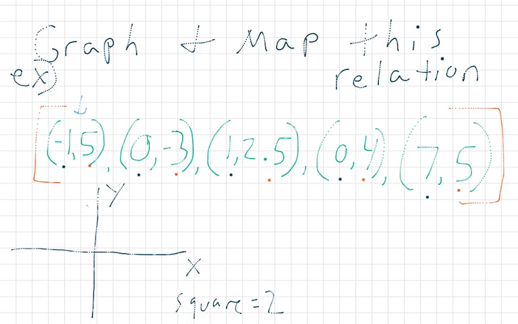Then I'm going to graph 0, -3. It's going to be about there. Again, every single square is only 2 spots, so it's right about there. 1, 2.5. So that's going to be about here or so. It's kind of hard to pinpoint with this iPad stylus, but I'm trying. 0, 4, right here. And then 7.